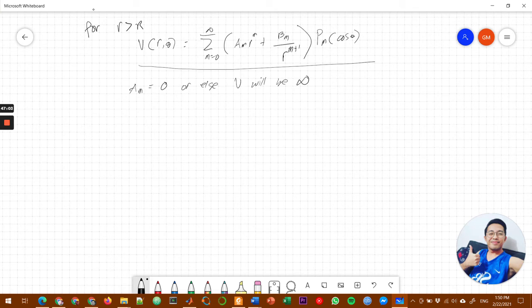Tara, for r greater than R, if we extend na ang r to infinity, so there's no way nga mo infinite ang potential. Dapat mo 0 man dapat ang potential if naa sa infinity. So para mo avoid na siya, kailangan nato siya kani a sub m is set to 0. So simplified na po ang ato ang solution becomes this.